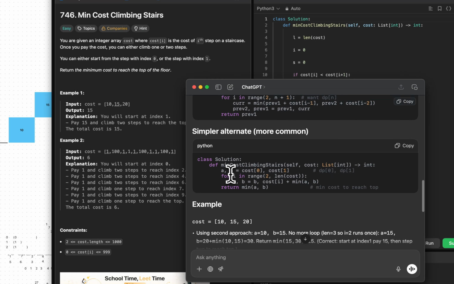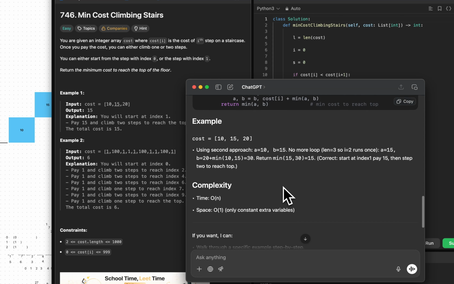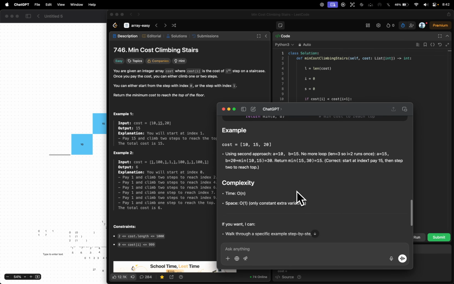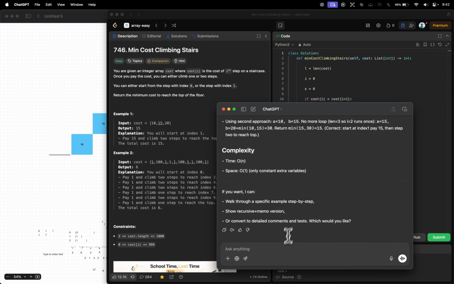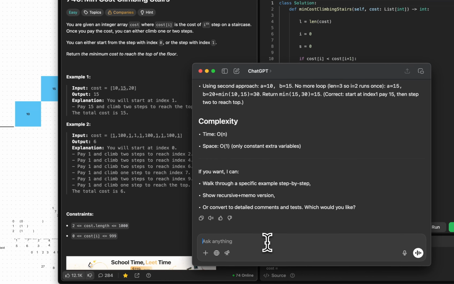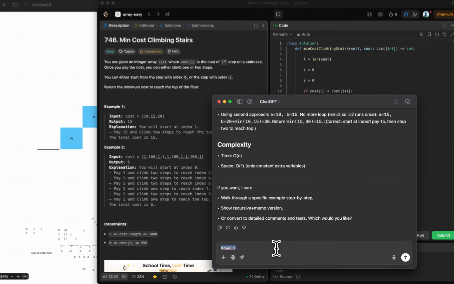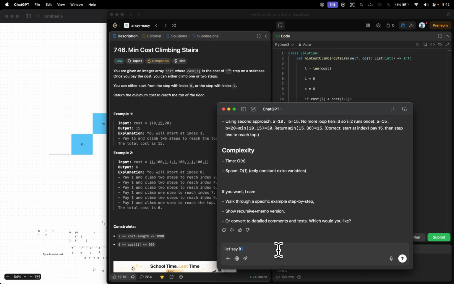What is this approach? Let's say, tell it to a layman, how can he get the solution?